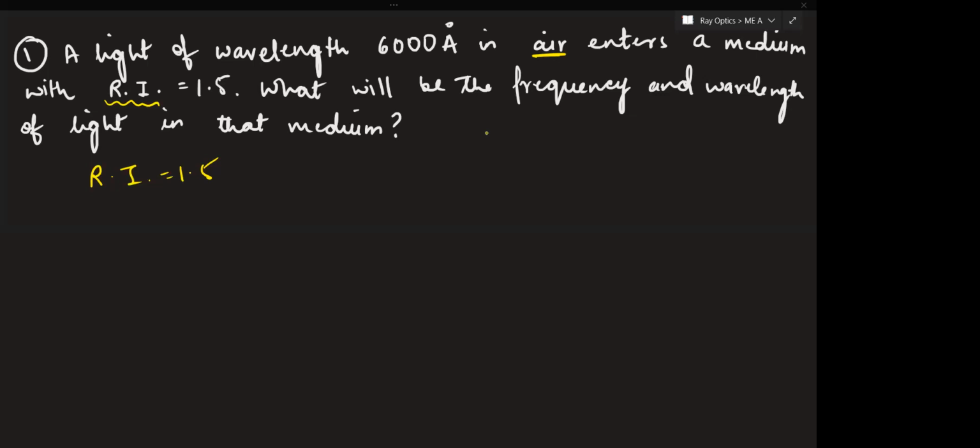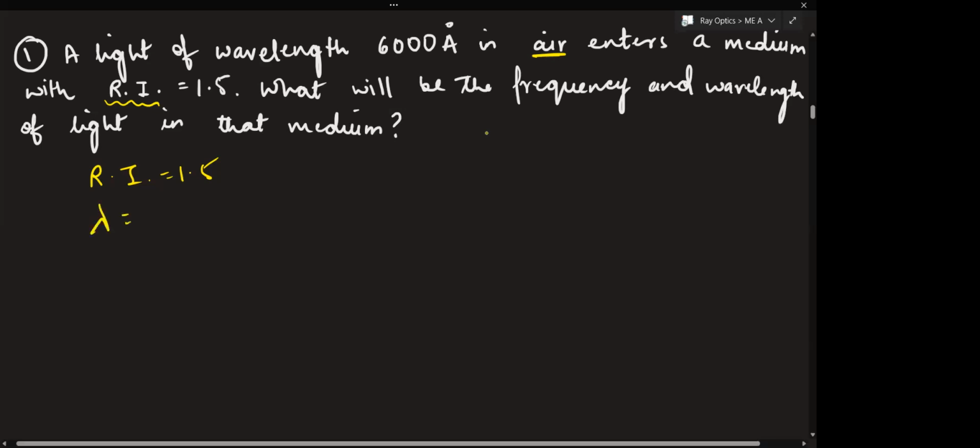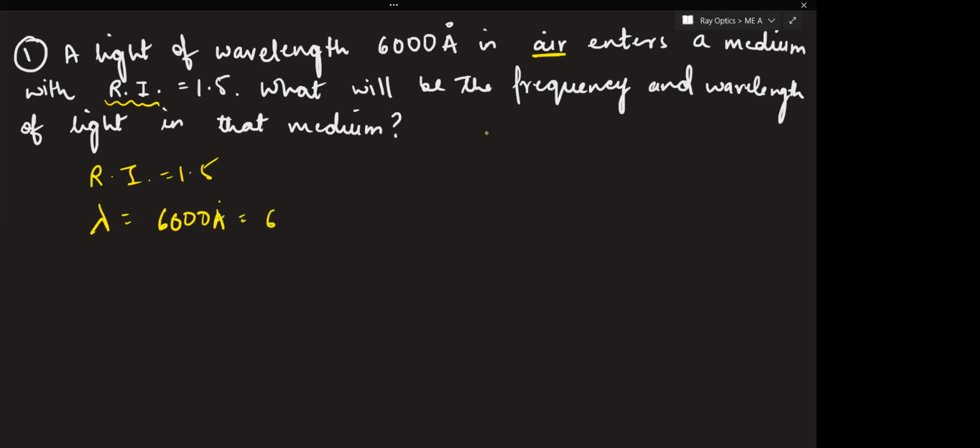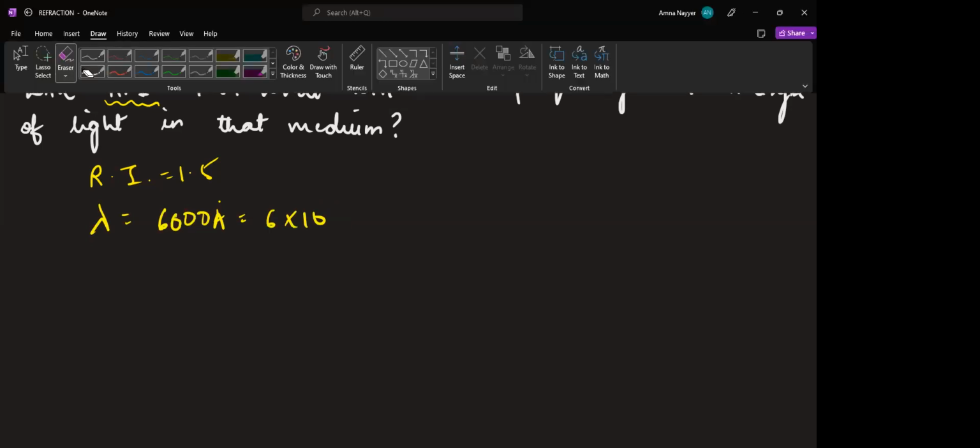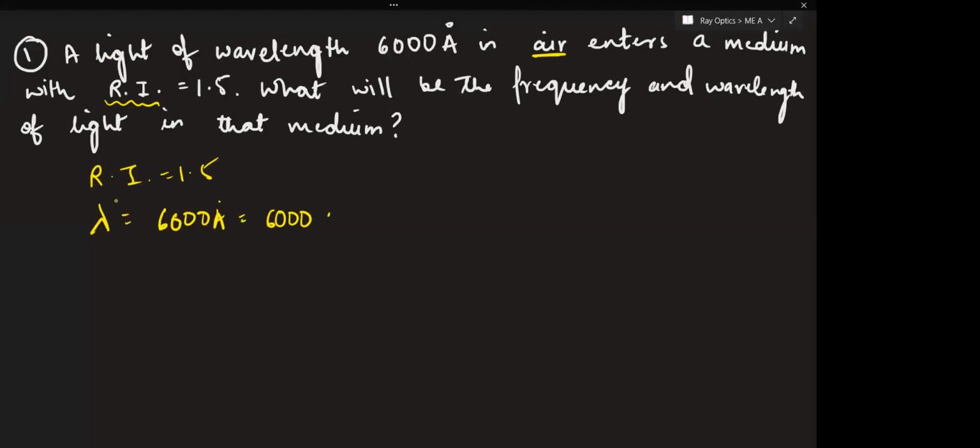See, the refractive index is 1.5. The wavelength is already given to you, 6000 angstrom, or you can write it as 6000 into 10 to the power minus 10 meters.